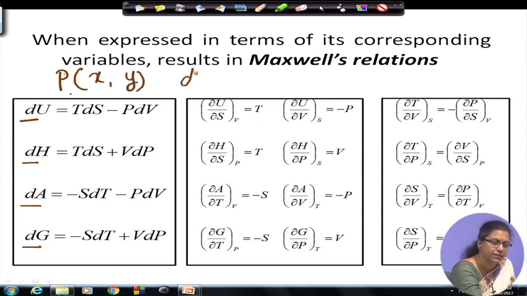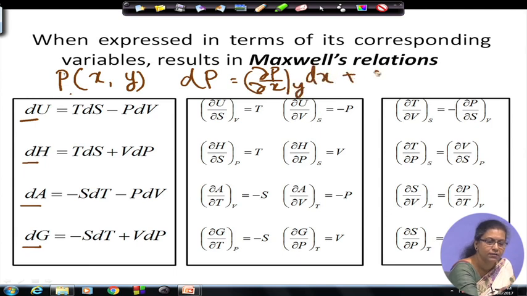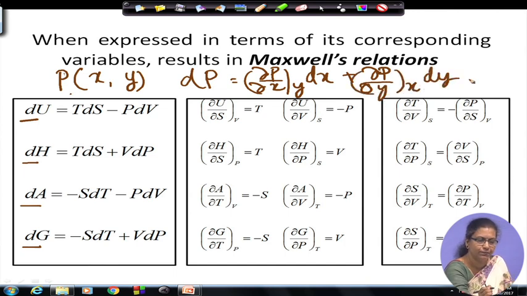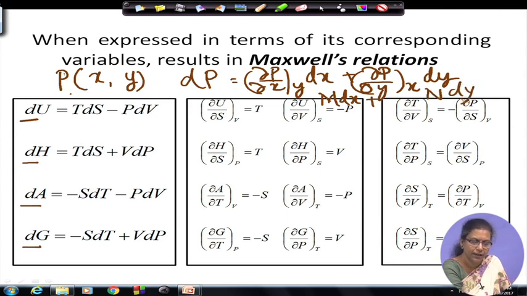Then in that case, I can write dP is equal to del P del x at constant y dx plus del P del y at constant x dy. This can also be written as M dx plus N dy, isn't it?